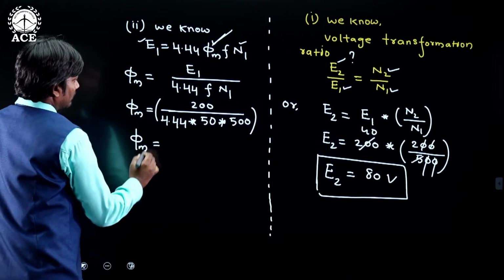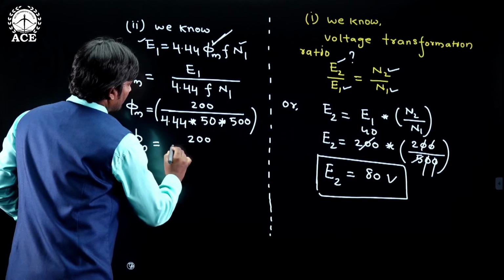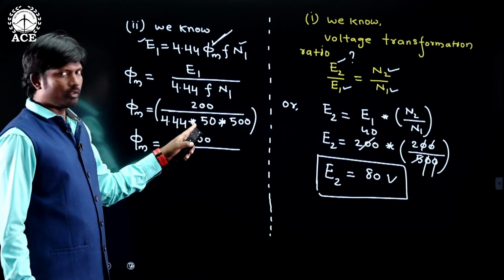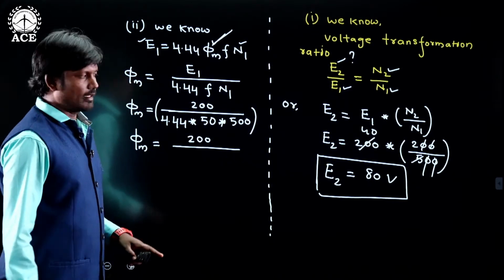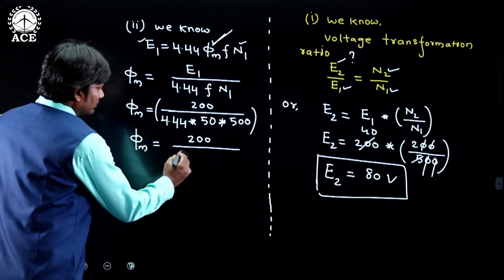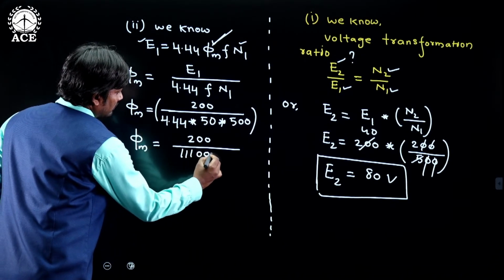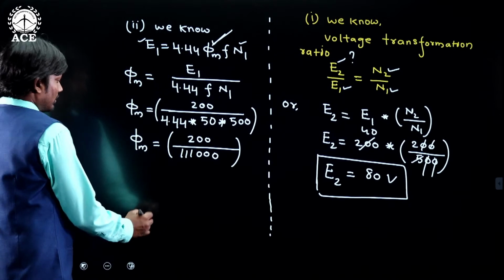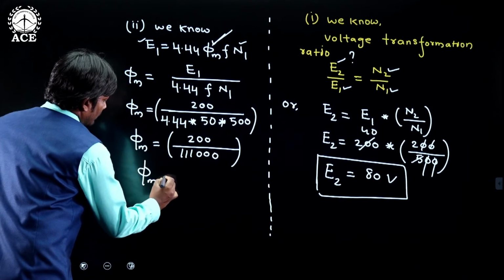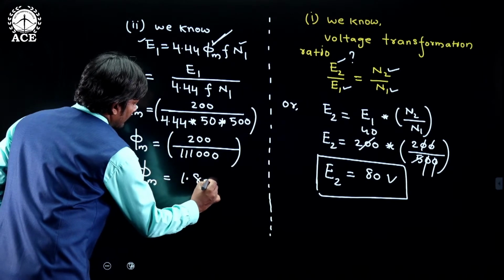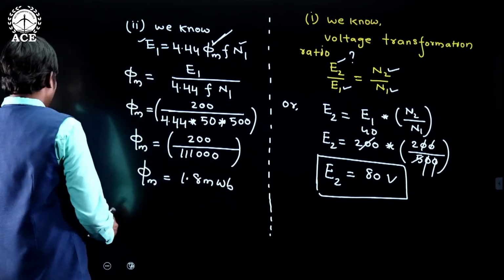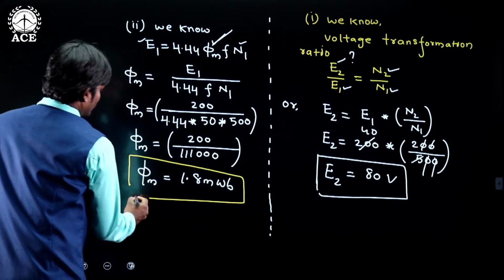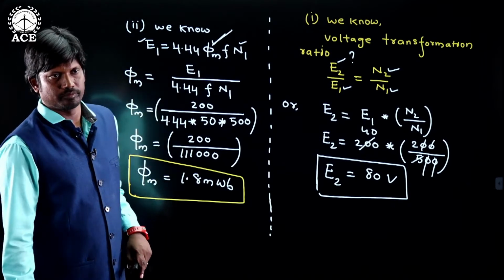Multiply this out using the calculator. It will come around this value, please verify. Therefore, phi m is equal to 1.8 milliwebers. Okay, note down this one.